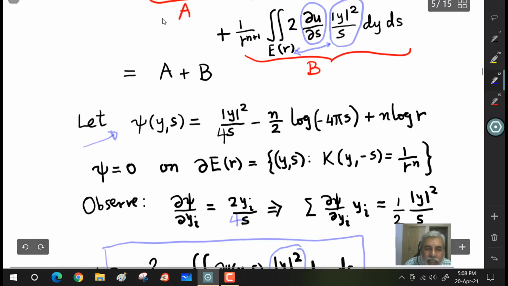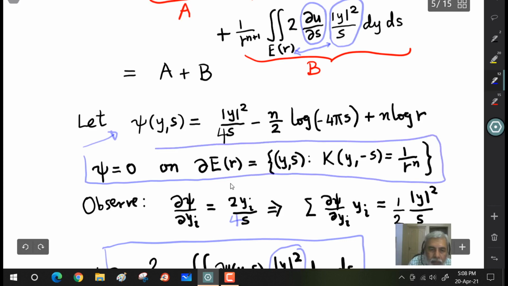And again let me stress that, this boundary is given by this. Okay, so boundary of E_R is nothing but the zero set of this nice function.